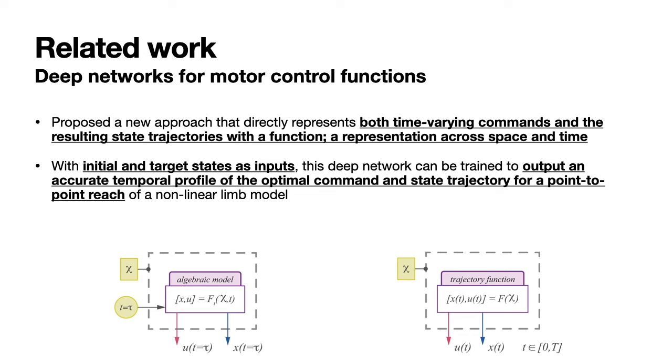It is a representation across space and time with initial and target states as inputs. This deep network can be trained to output an accurate temporal profile of the optimal command and state trajectory for a point-to-point reach of a nonlinear limb model.